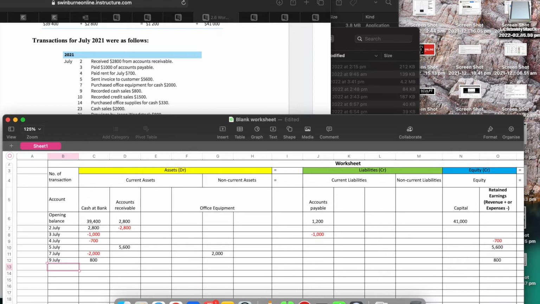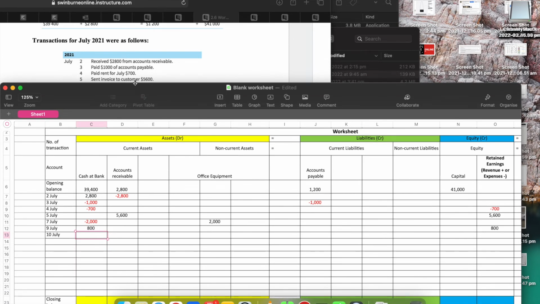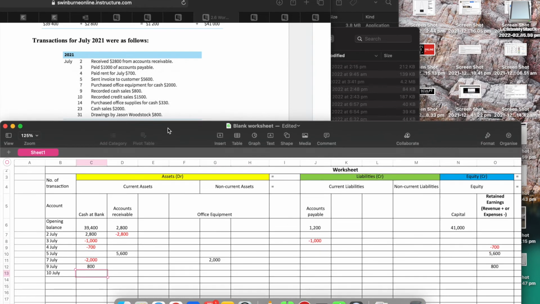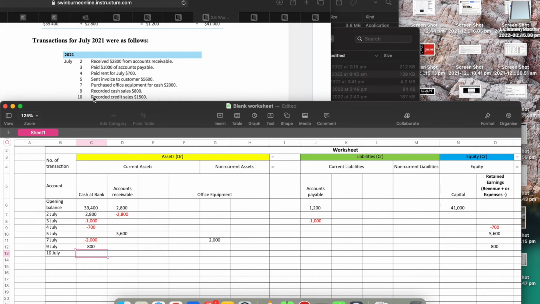Okay, recorded credit sales of $1,500. So 10 July, recorded sales of $1,500. That sounds very much like this 5,600 here, because if we bring it here, recorded credit sales, so there's no cash involved yet because we're just recording it.